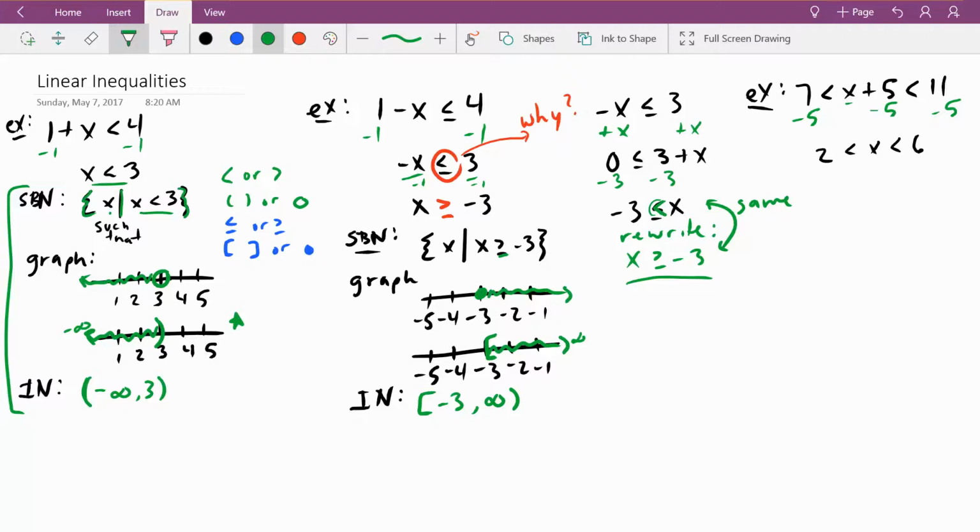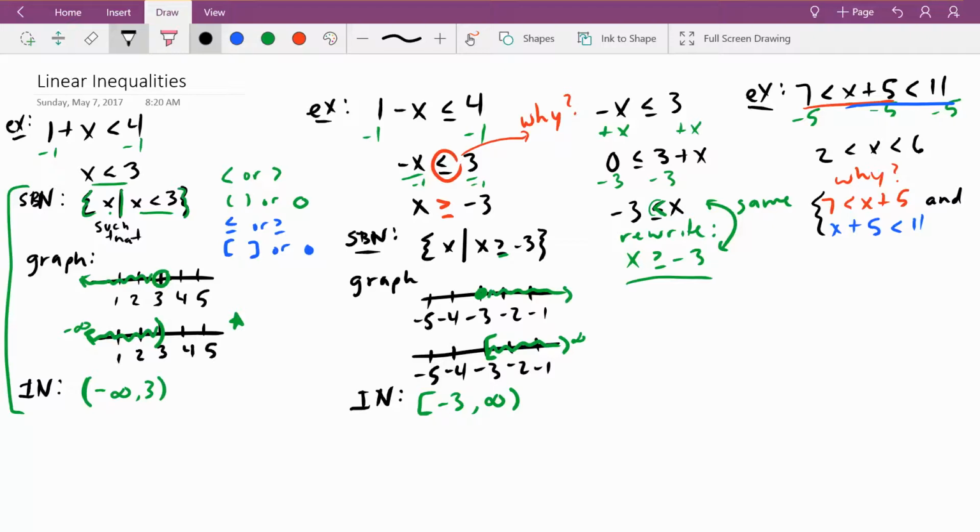Really quick again, why do we do that? Well, this compound inequality at the start really just says 7 is less than x plus 5, right? I'm taking this first piece. But then we also have x plus 5 is less than 11, right? This second piece. So we have to work both of those.